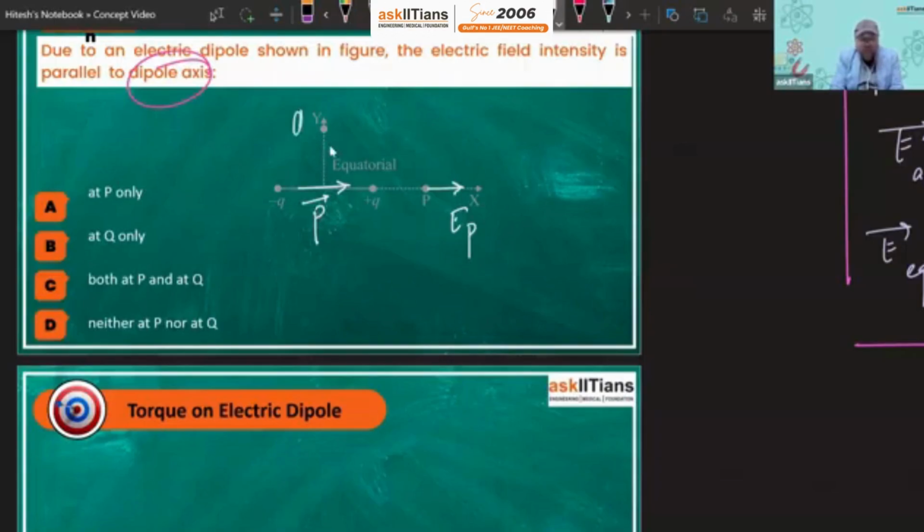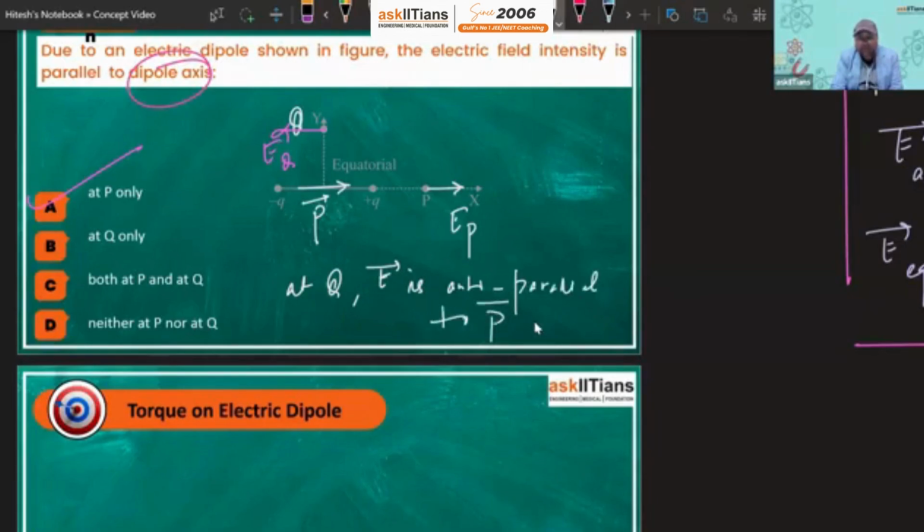The electric field here should be in this direction, EQ, so it is anti-parallel. Parallel is at P only. At Q, vector E is anti-parallel to vector P, so that we need to write.